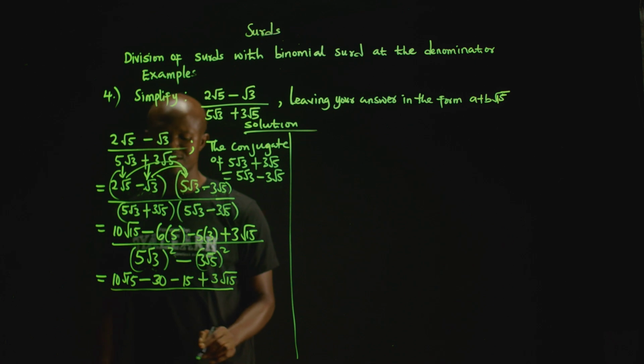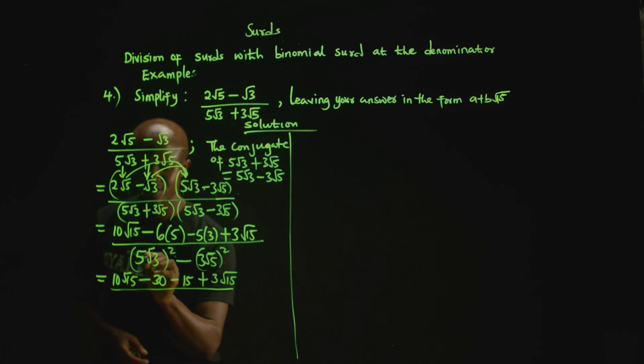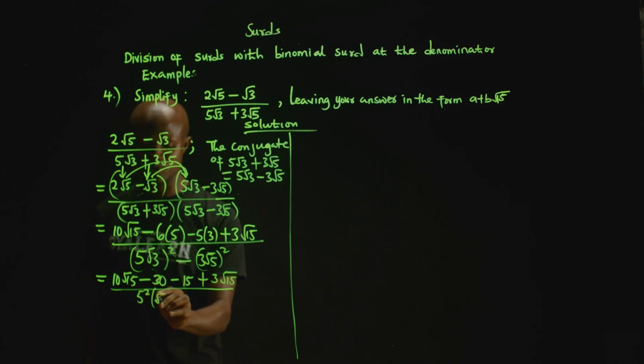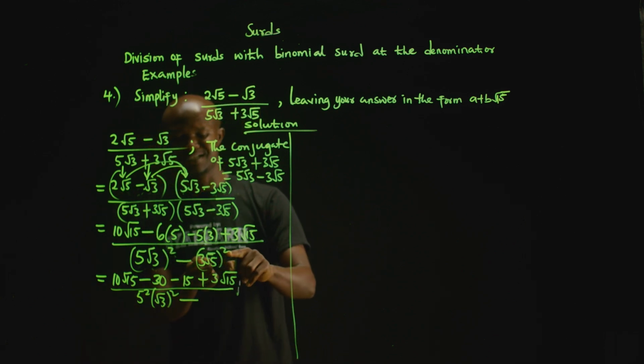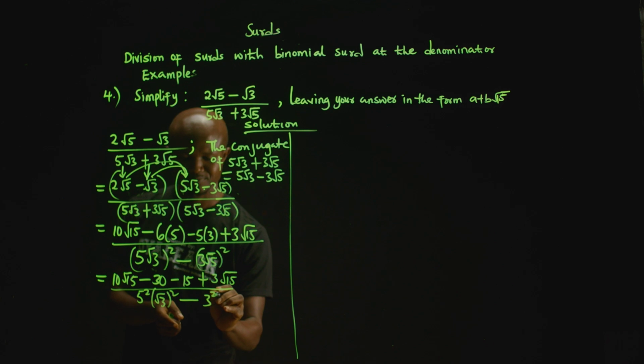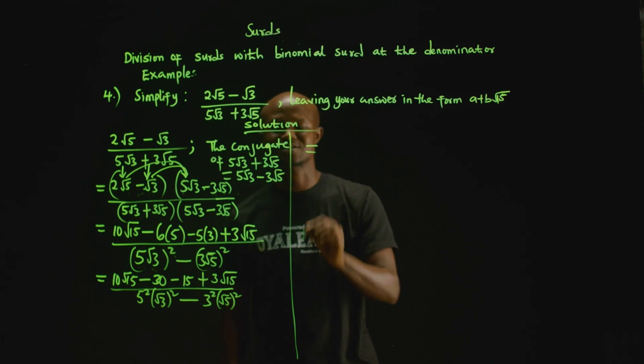All divided by, these two we have fit each expression here. So we have 5 squared multiplied by root 3 squared, minus the same thing, 3 squared, then root 5 squared. This will be equal to what?